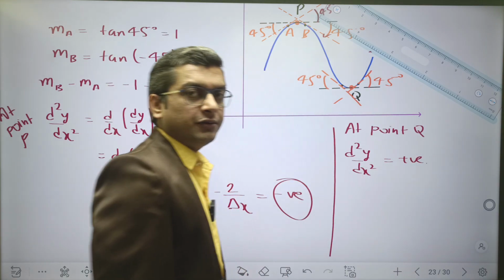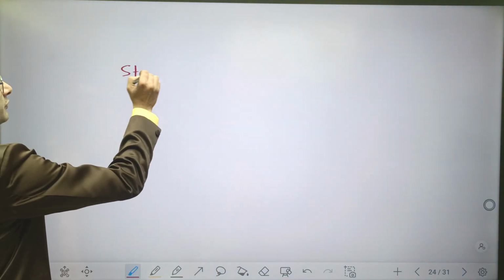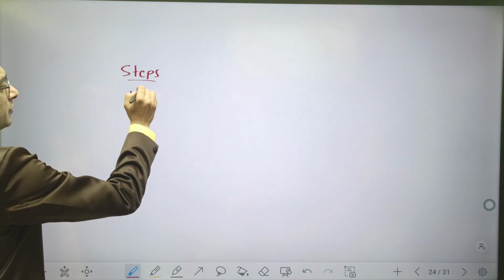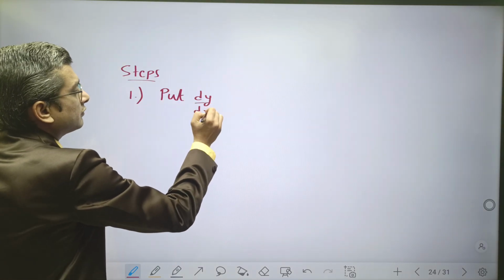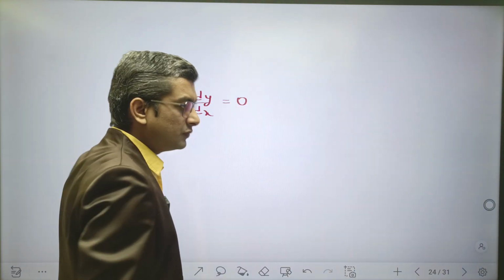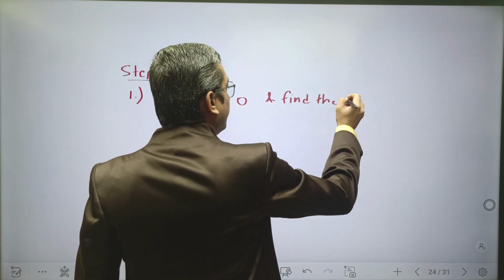Are you getting it? So what are the steps for finding maxima and minima? Steps are as follows. Step number 1: put dy by dx equal to 0 and find the values of x.